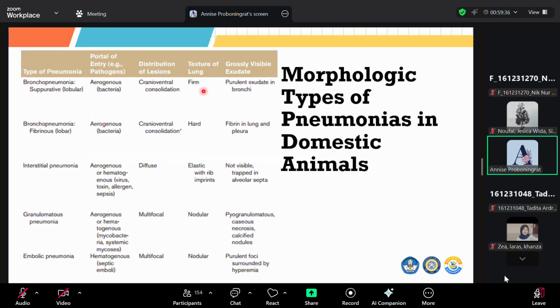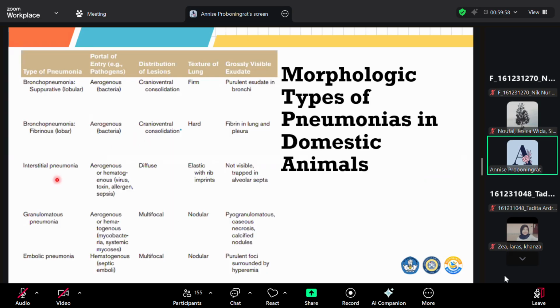It can cause a firm texture of the lung and purulent exudate in the bronchi. And then the bronchopneumonia in the fibrinous type has lobar distribution.